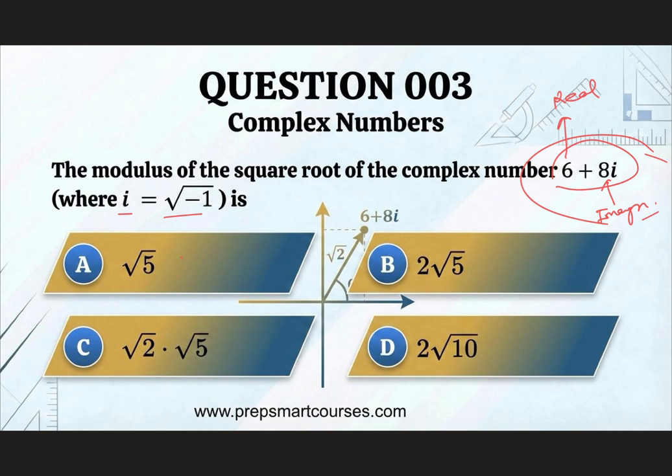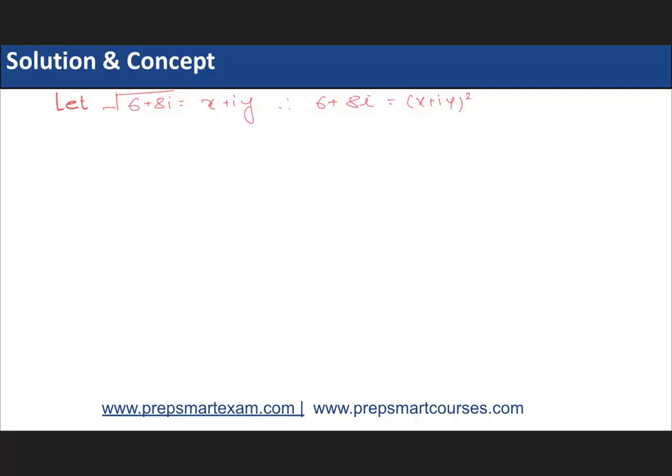And this question has been asked many times, so take a look at this solution. Very, very important. Now pay attention over here. I've just written the basics over here. What I'm going to do is, first, we are going to compare the number that was given to us with a standard complex number, that is x plus iy, where x is the real part and y is the imaginary part. Okay. Afterwards we are going to square it up.